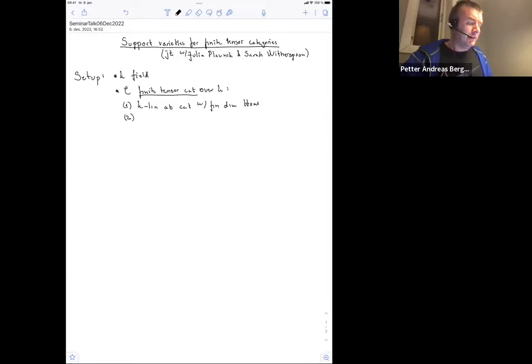It's got finitely many isomorphism classes of simple objects. And every object has finite length, and every object admits a projective cover.